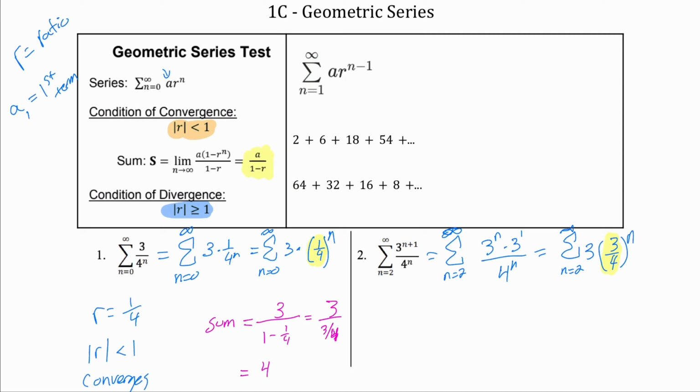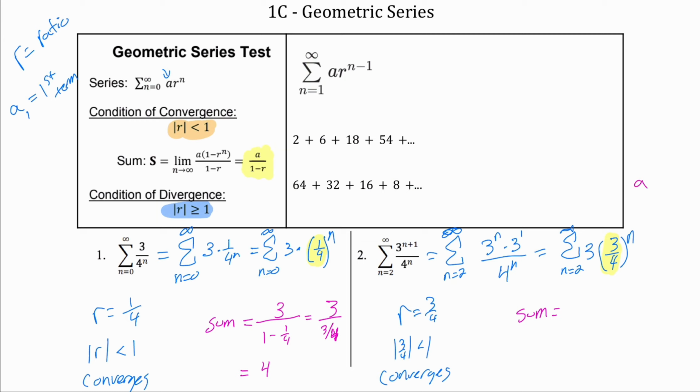Since our common ratio is equal to 3/4, and the absolute value of 3/4 is less than 1, we again have a convergent series. So we can find our sum. This time, for the sum, if you notice the n at the bottom of our sigma is 2, so we have to substitute a 2 into this equation to find the first term.